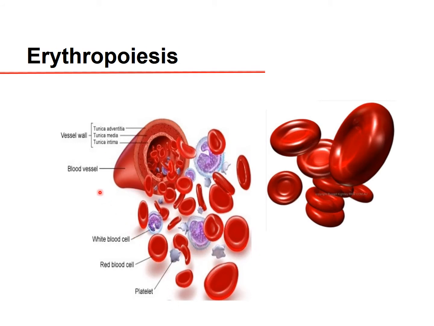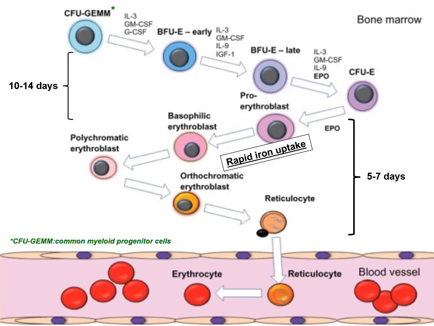Now let's look first at normal erythropoiesis. Normal erythropoiesis starts from the pluripotent stem cells, and very early this pluripotent stem cell is committed to the myeloid stem cells, and the myeloid stem cells are committed to the burst-forming unit of erythroid stem cells.